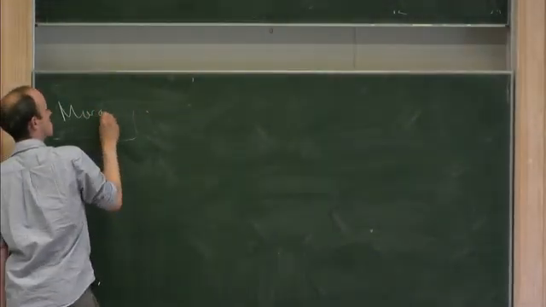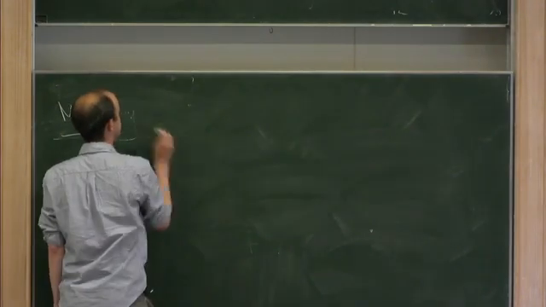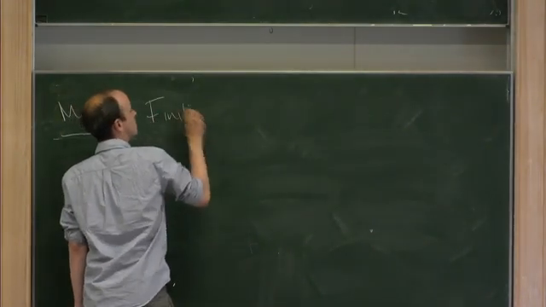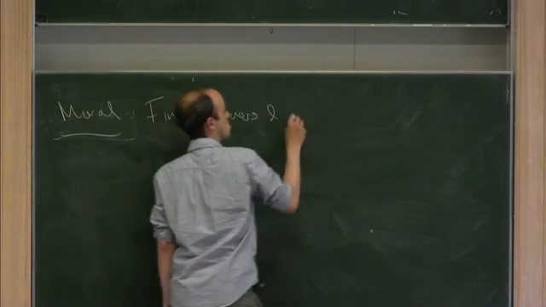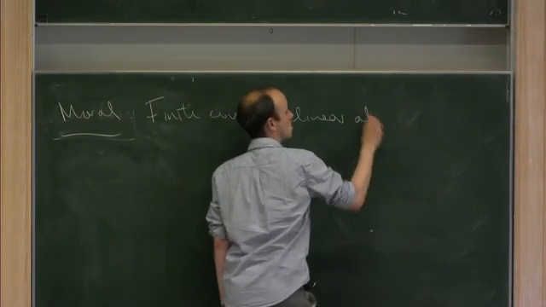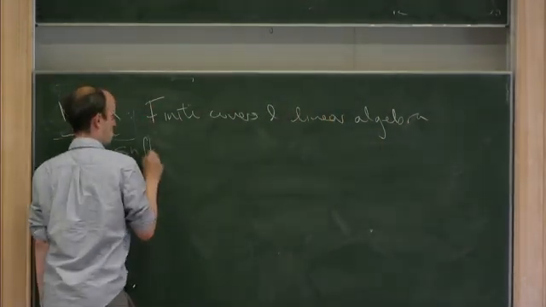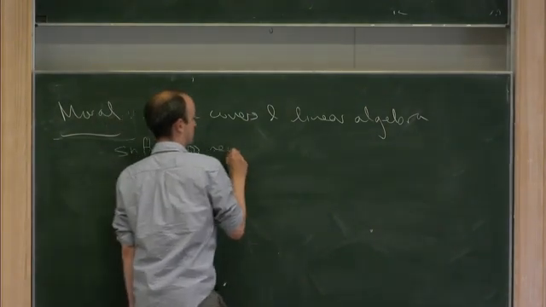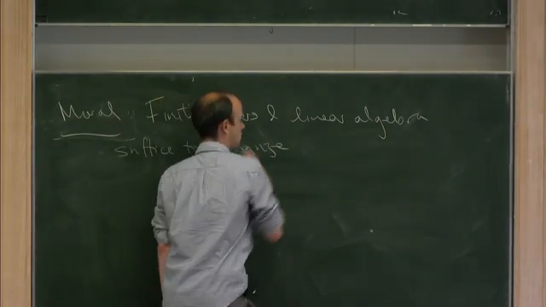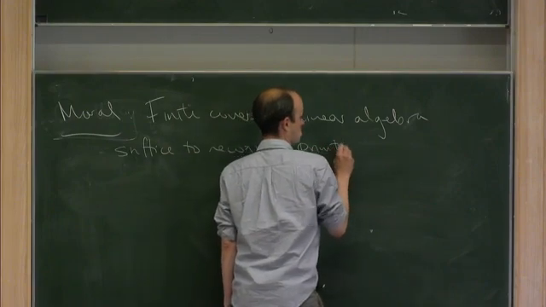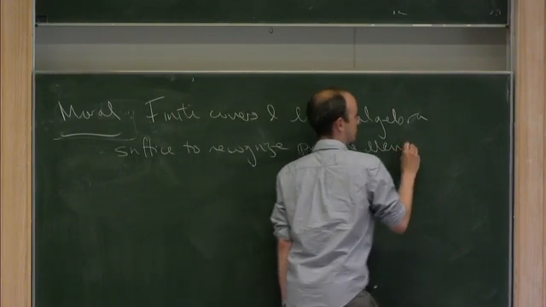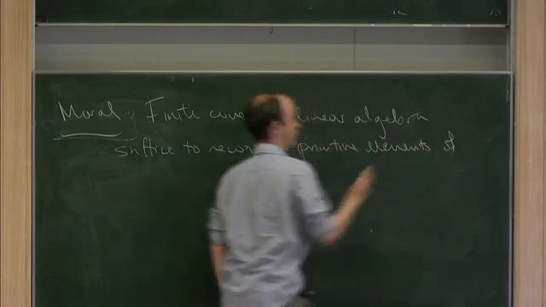Okay. I mean, there are precise statements you can make, but I don't want to waste the time by going into all the details of making them. But the key point is that finite covers and linear algebra suffice to recognize primitive elements of free groups. Right?